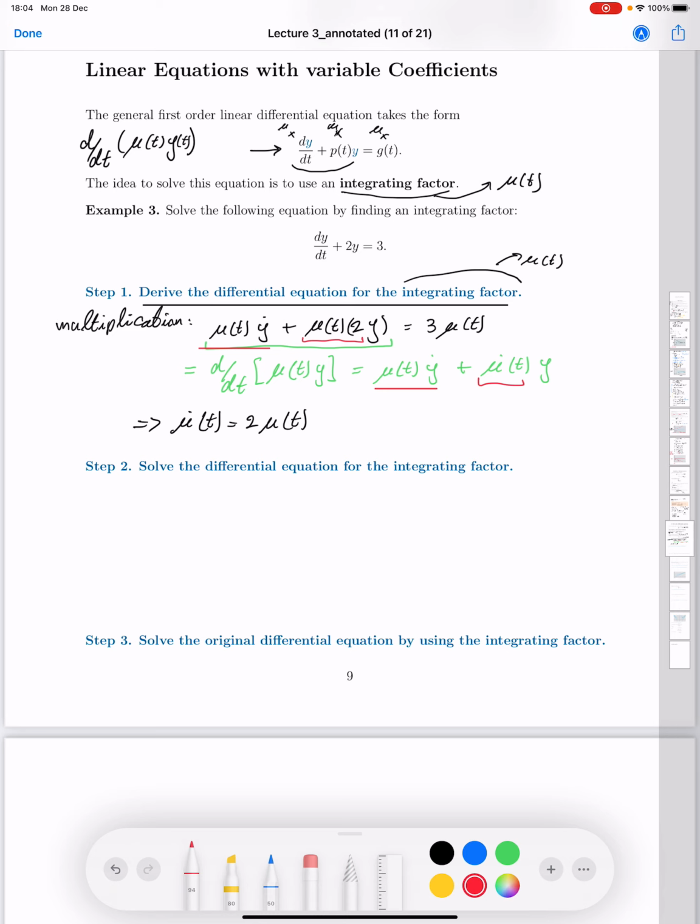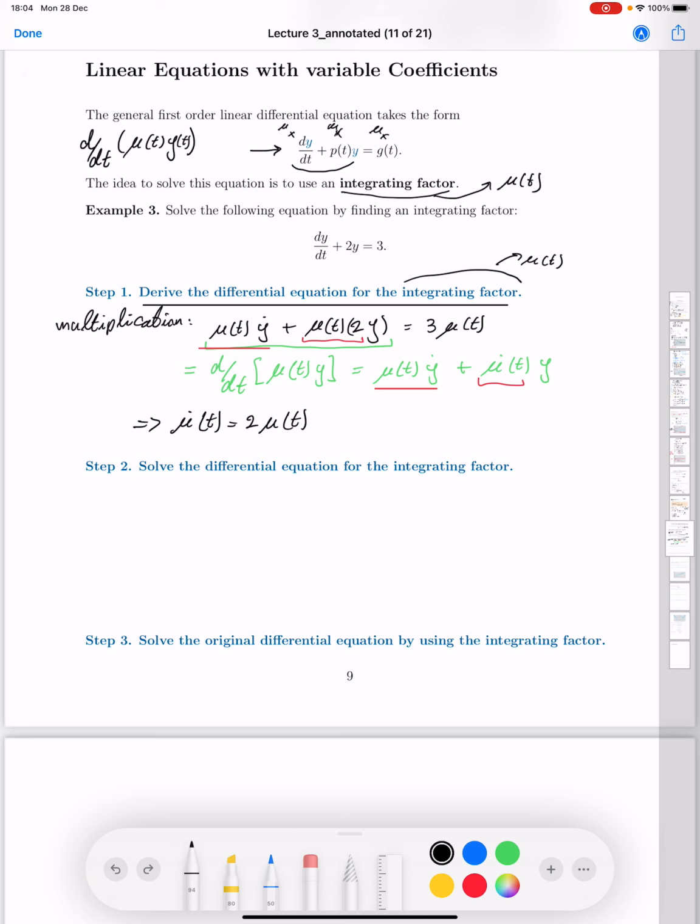And this is basically the differential equation for the integrating factor. This is what I was looking for. It is a differential equation with respect to the integrating factor because it has the time derivative of the integrating factor here. And I'm done with step 1.